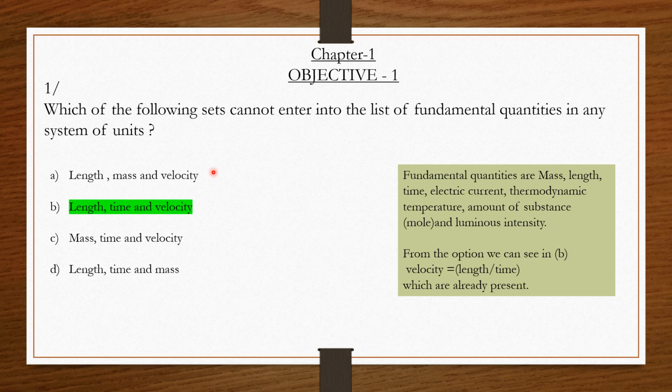When we observe these options, in option B, velocity can be written as length by time, which is already present in that option, that is length and time. So option B will be the answer that cannot be entered as the fundamental quantities.